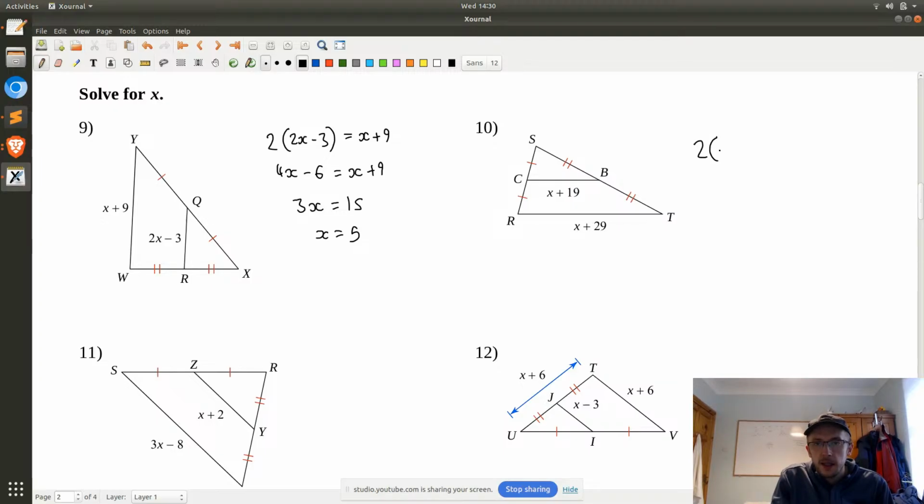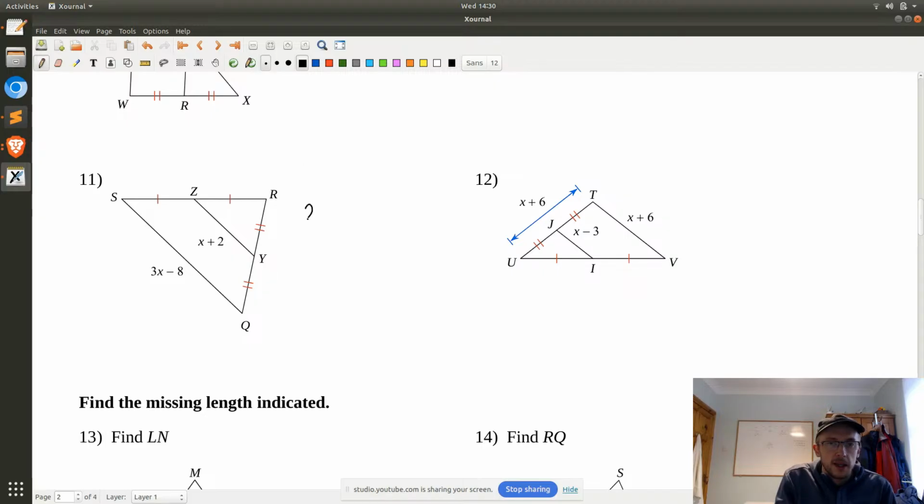By the mid-segment theorem, double x plus 19 is x plus 29. So expand and solve. 29 minus 38, so that would be minus 9. Check. And that's correct.